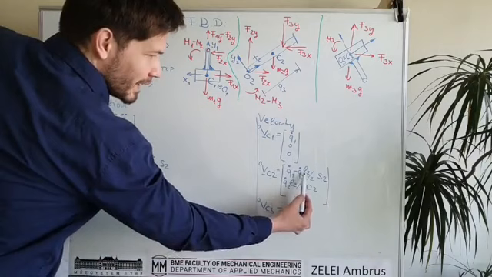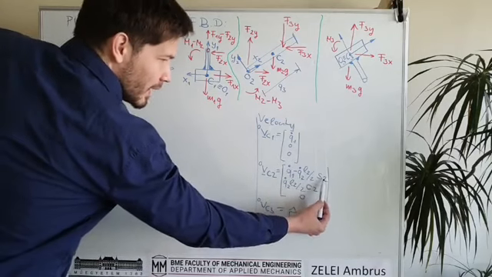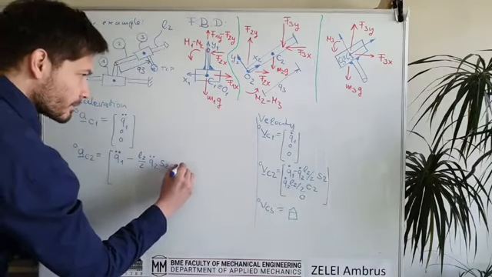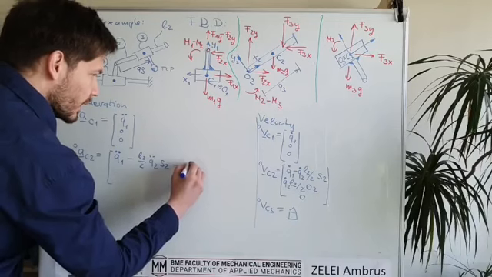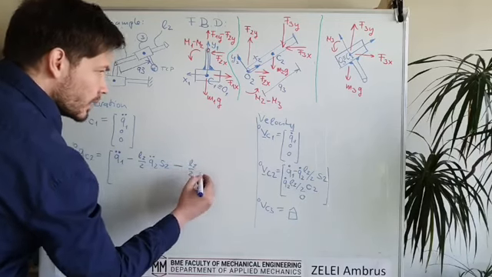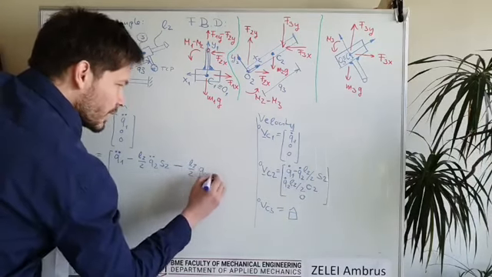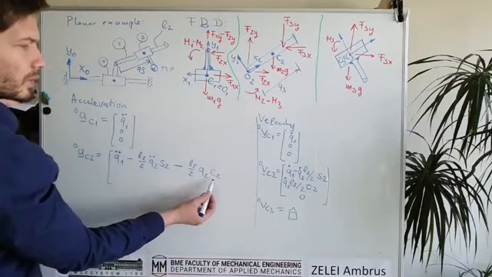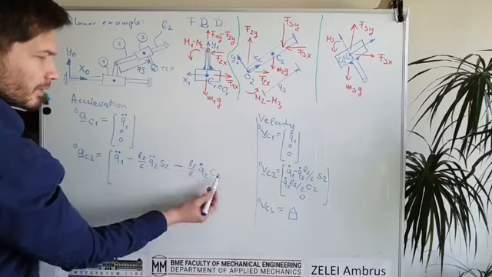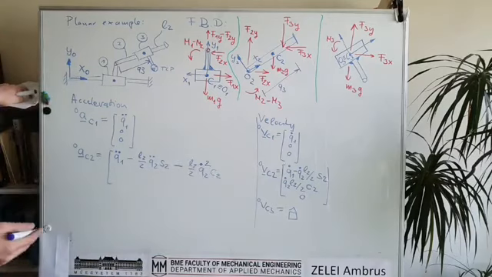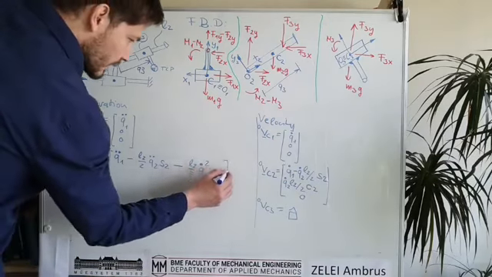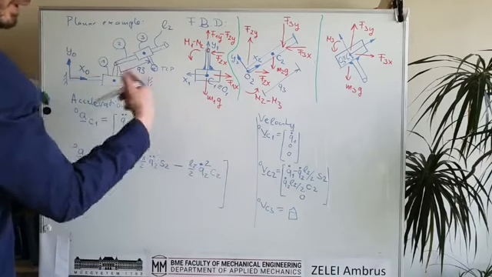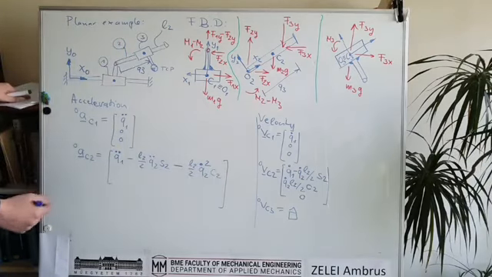So first I take the time derivative of this term and copy the other, and then I copy the first term and take the time derivative of the second term. So Q2 dot comes out, therefore here we will have Q2 dot squared. So this is related to some centrifugal force and centrifugal acceleration and so on.